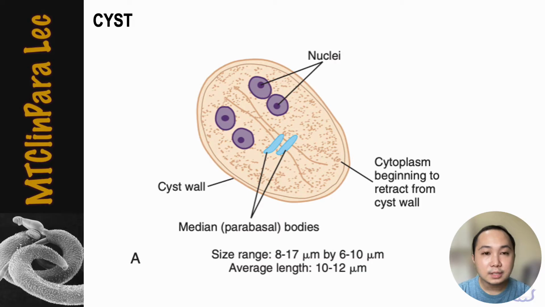When it comes to the cyst forms of our flagellates, these are not numerous. Most of the time for intestinal flagellates, these are the infective stage of our parasite. Remember, when it comes to the intestinal life cycle, they need these particular forms to protect themselves from our gastric juices, especially present in the stomach.